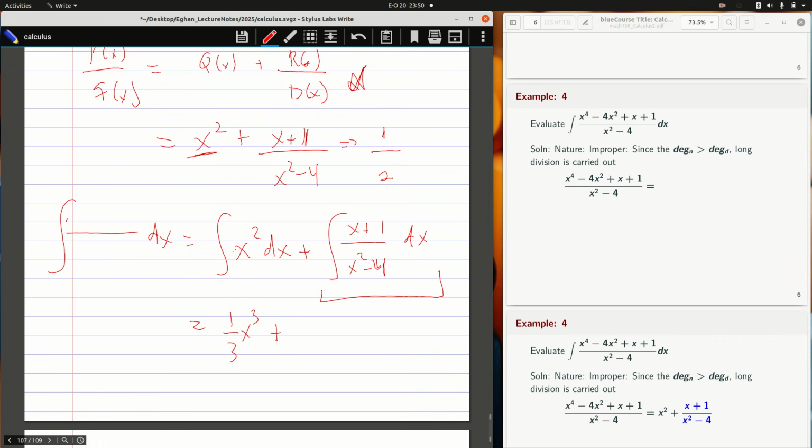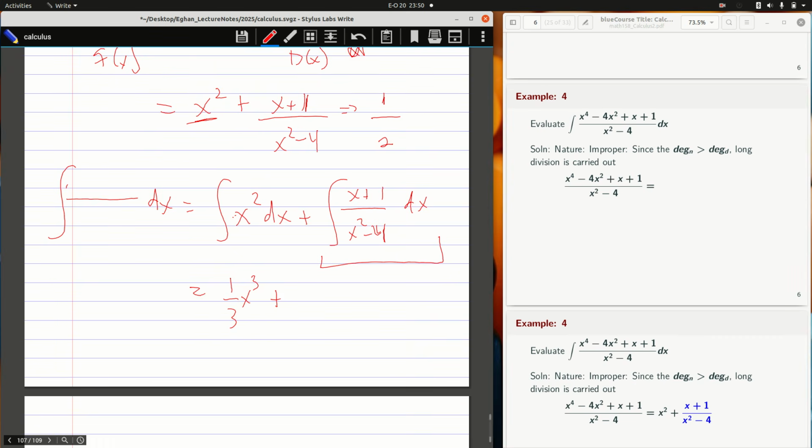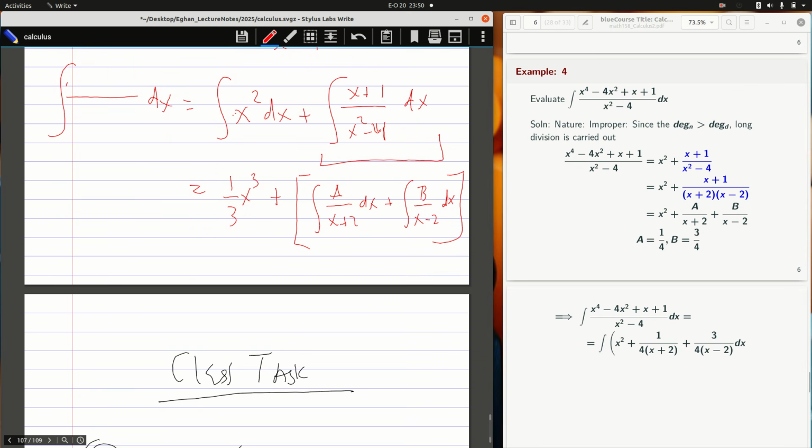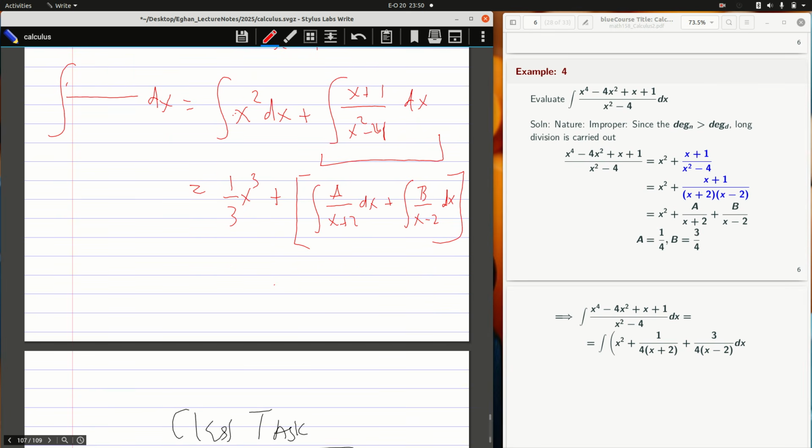By partial fractions, I can simplify this into two linear factors: A over x plus 2 and then B over x minus 2. Yeah, these are my two partial fractions. Then you follow the same approach as we did above: equate to the numerator and compare coefficients.